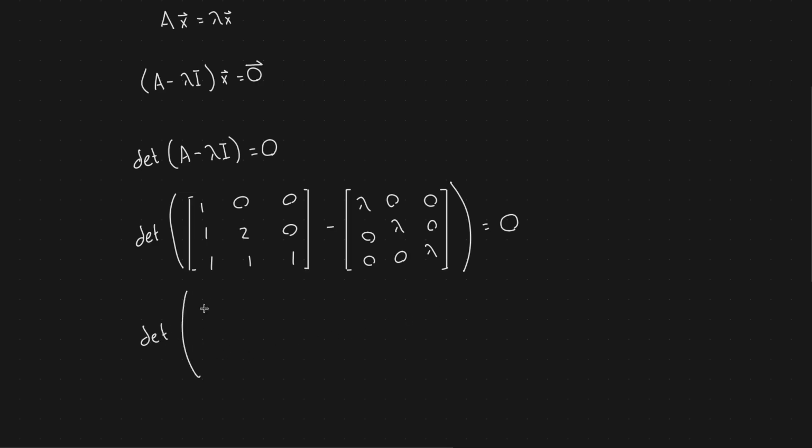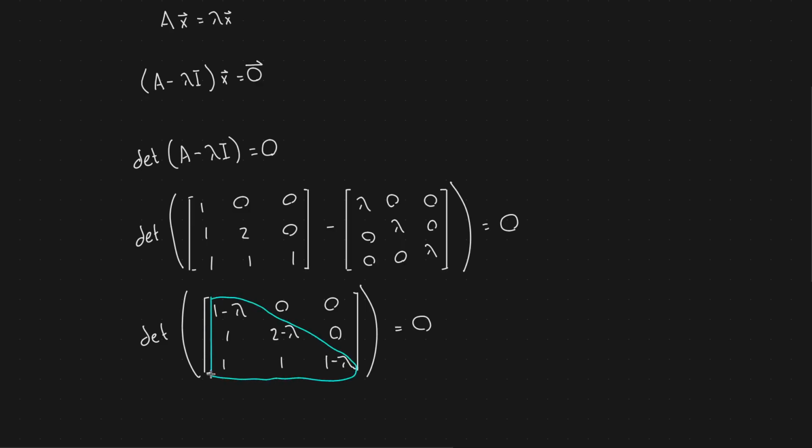So if I do the matrix subtraction, I get 1 minus lambda, 0, 0, 1, 2 minus lambda, 0, 1, 1, 1 minus lambda. Now notice this is going to be really nice to take the determinant of because it is a triangular matrix. It's lower triangular. Everything above the main diagonal is 0.